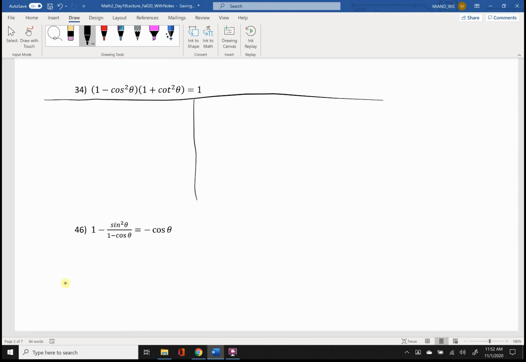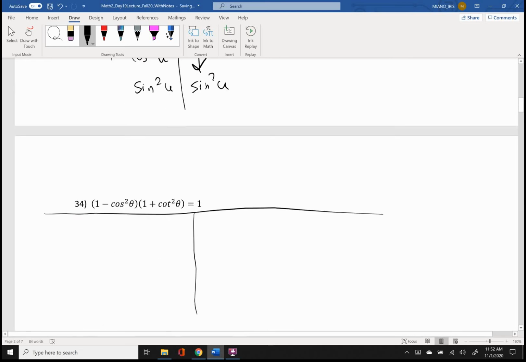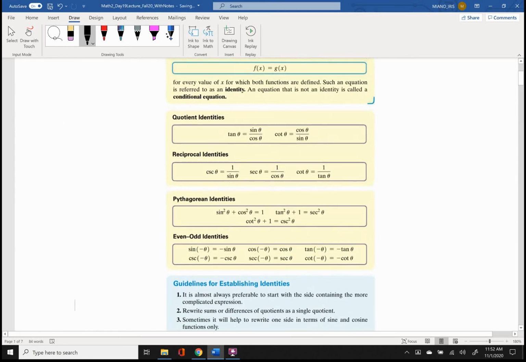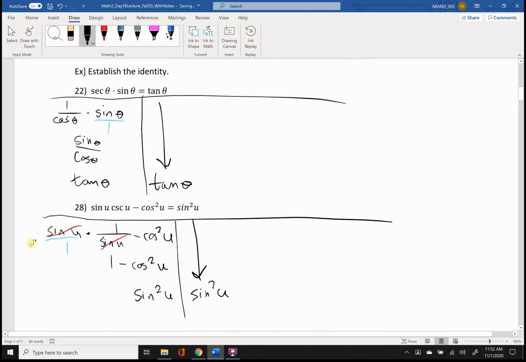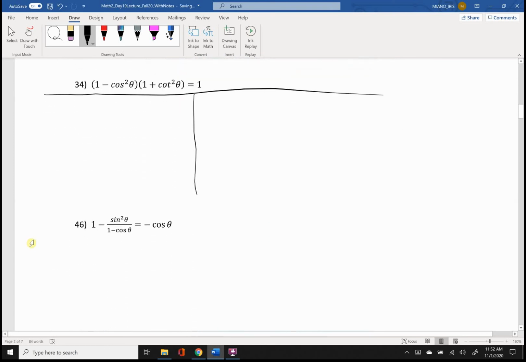In fact, we're going to use it here and here, because 1 plus cotangent squared theta, if you look back at its corresponding Pythagorean identity, can be outright replaced by cosecant squared theta. So we're going to do both of those substitutions at the same time, if that's okay with everybody.